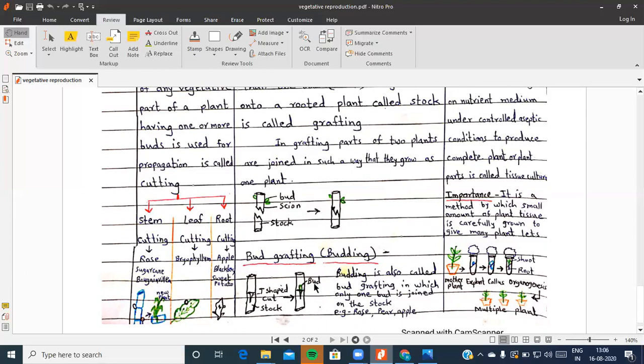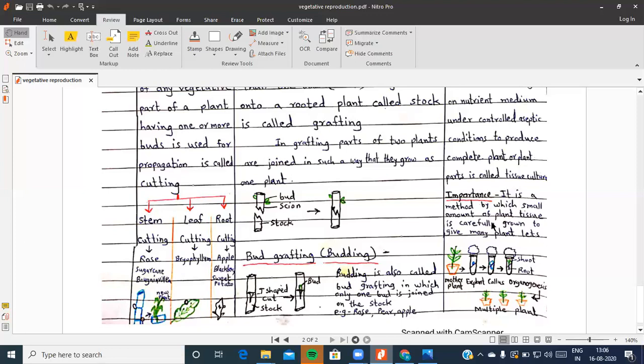It is given and attached with the help of thread. In T-shaped budding, only a single plant is there, and the bud from another plant is added into this T-shaped cutting.